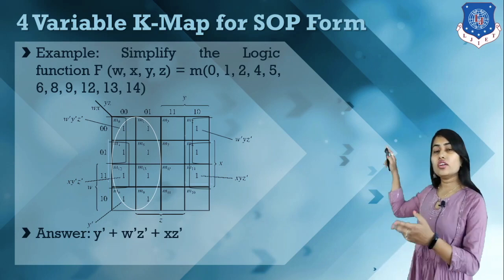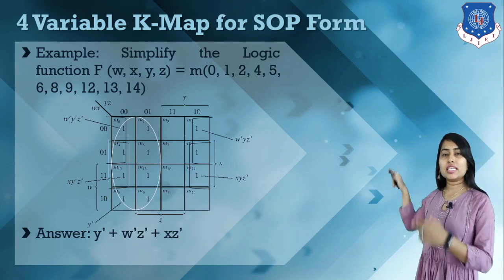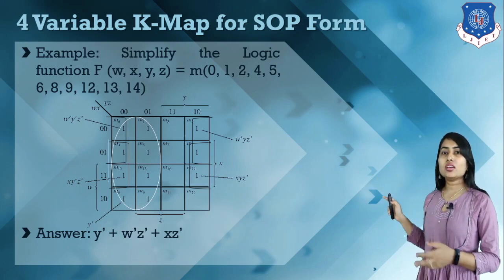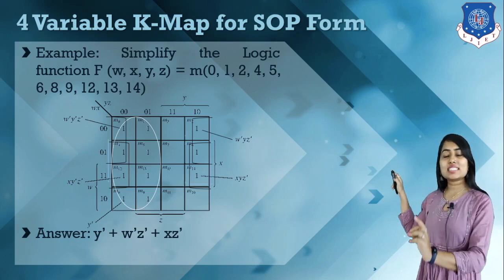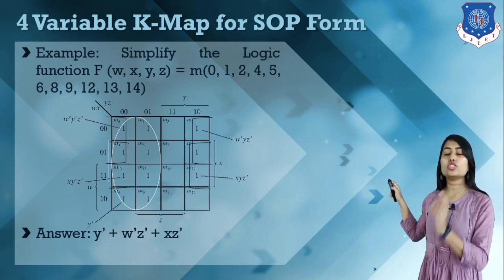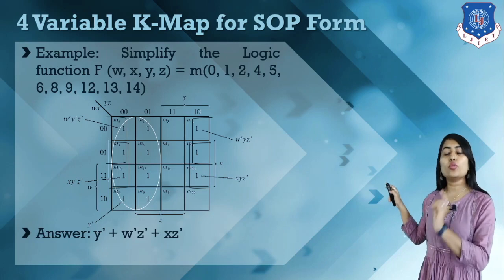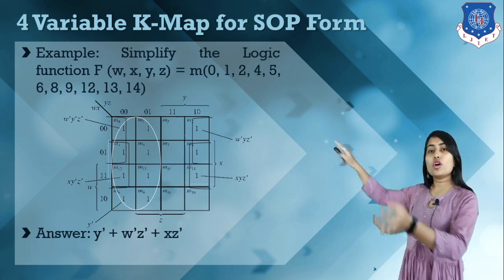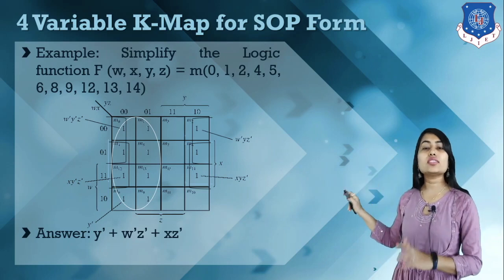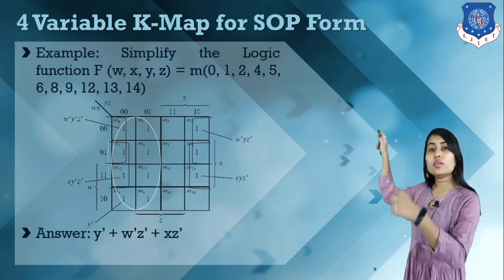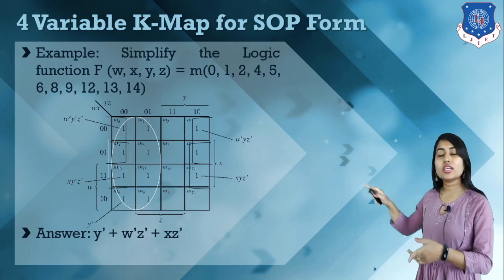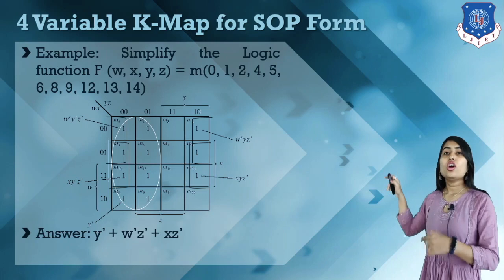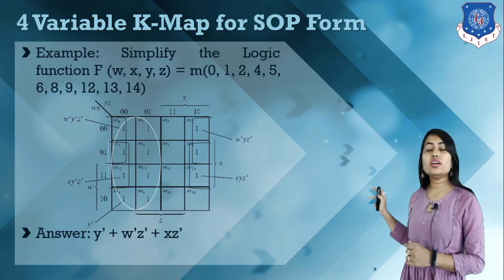Now here these 3 ones are remaining, so we have to make a group. We can make a group, but it is necessary to make a group of bigger size. So if possible to make a group of 4, first we have to make a group of 2. If we make a group of 4 like this, we can write a simplified logical function. So here we make a group of 4 like this, and here we make a group of 4 like this, and we write individual group functions for these groups.